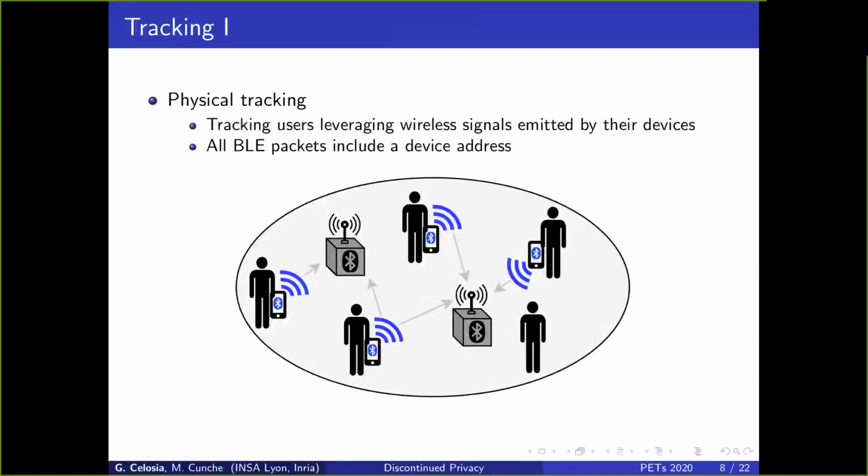At first, let's introduce a little bit of background about physical tracking. Most physical tracking systems nowadays leverage wireless signals emitted by devices carried by the user over time. In particular, they leverage an identifier that can be static and that is called a device address. This identifier is included in all BLE packets.